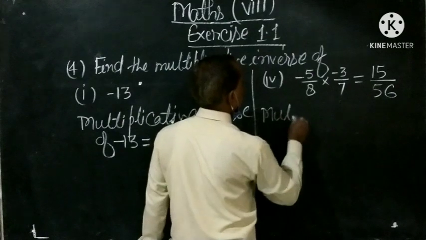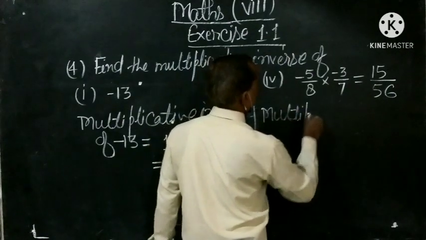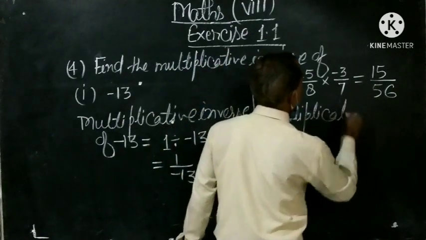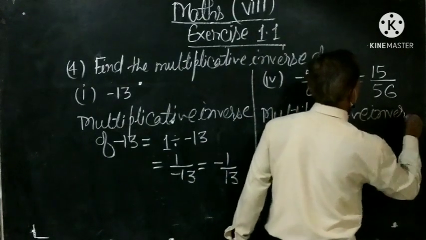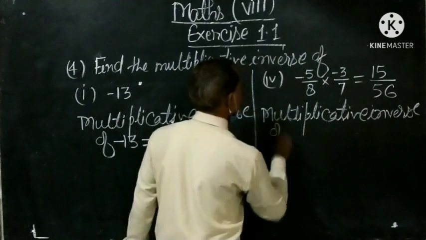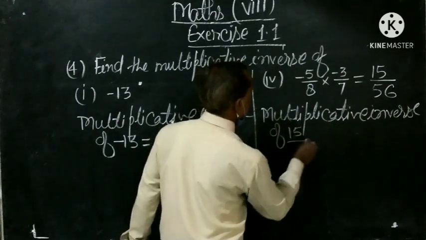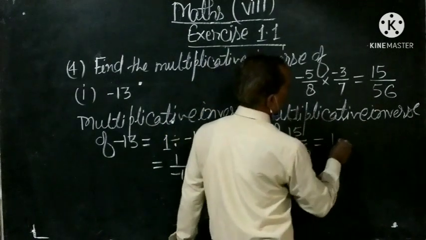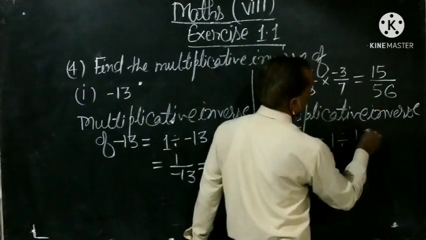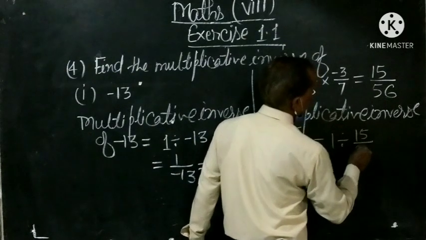Multiplicative inverse of 15 upon 56 is equal to 1 divided by 15 upon 56.